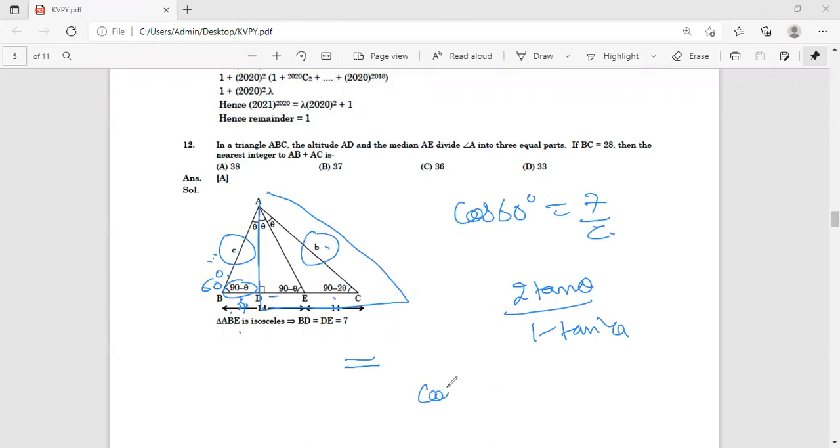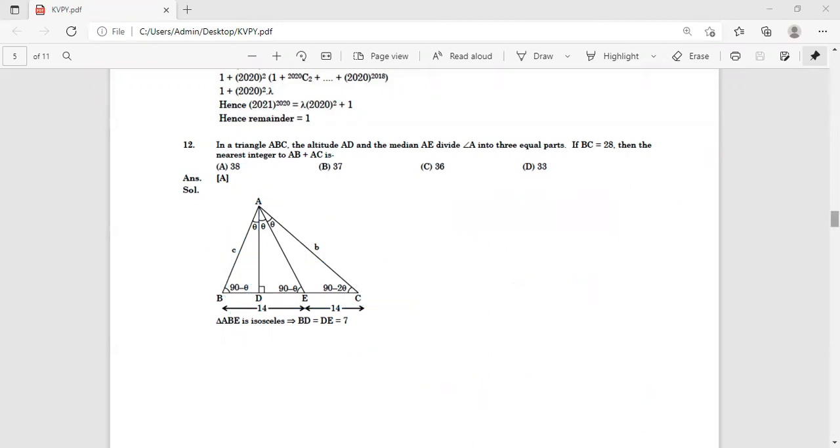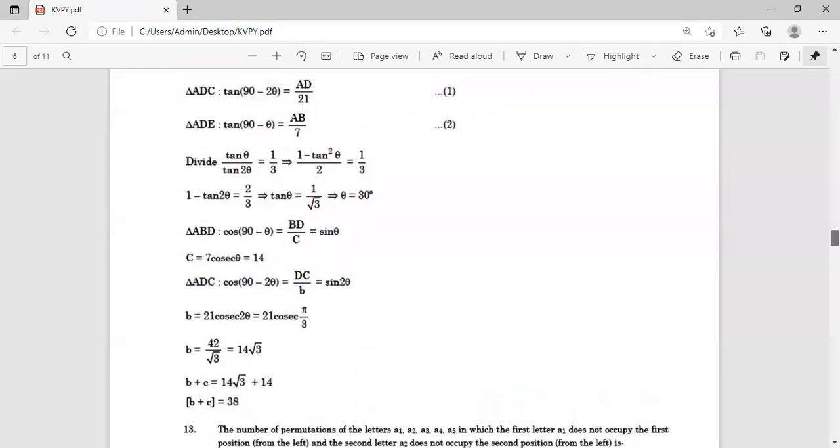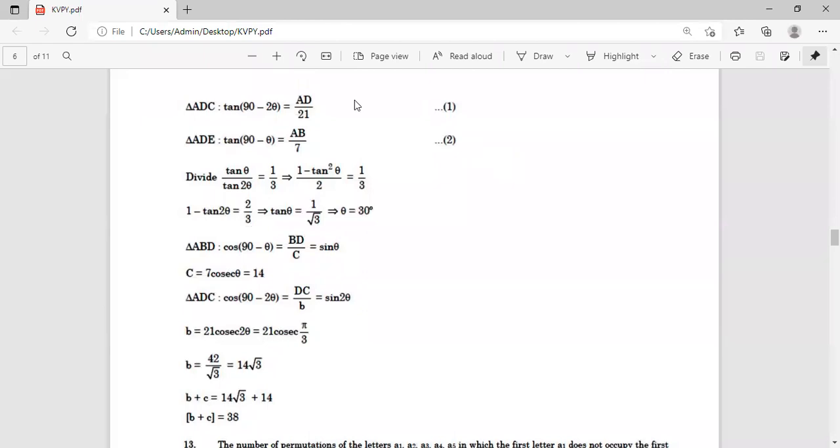Cos 90 minus 2 theta is base 21 upon hypotenuse B. So B you can find. So C plus B you can find. You can go through this solution if you want later on. I will share this. So C plus B, you will get like this. So integral value is, you can find the integral value 38.